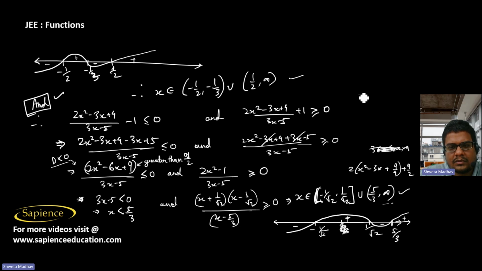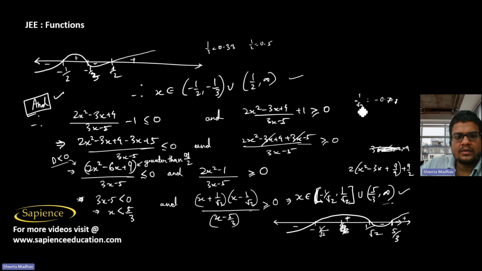1 by root 2 is somewhat 0.7, and 1 by 3 is 0.33, 1 by 2 is 0.5.